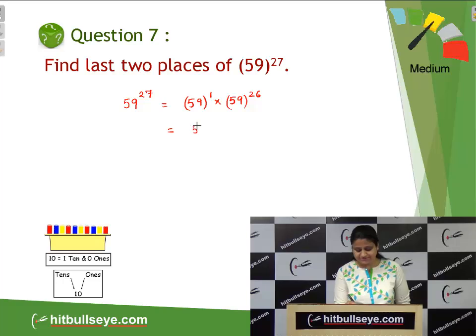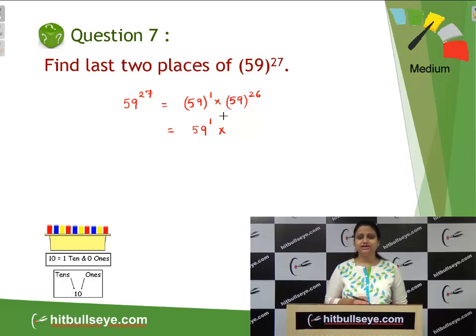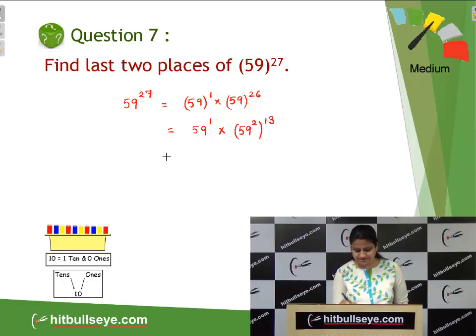Now for this 59 raised to power 26, as we know, 59 is ending in 9. If we take the second power of 9, which comes out to be 81, my number will end in 1, so that we can apply the third shortcut here. So I am considering the square of 59. So it becomes 59 square, whole raised to power 13.